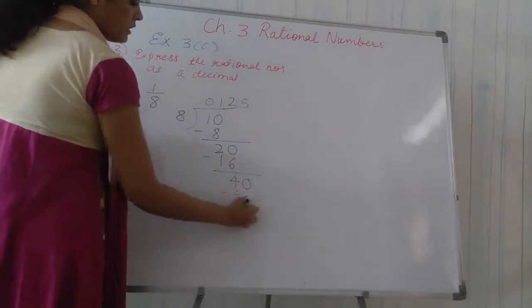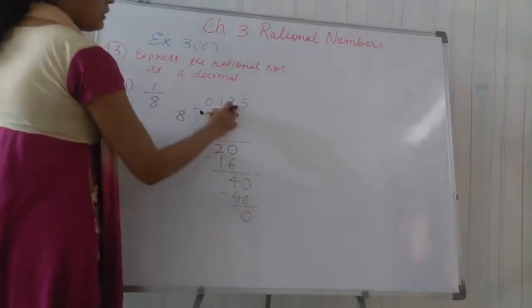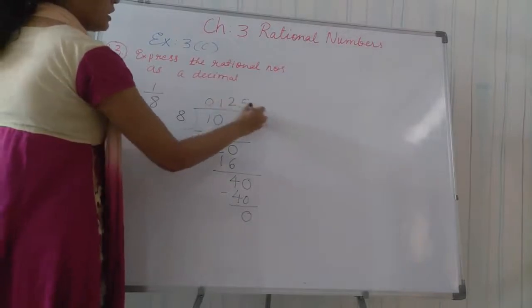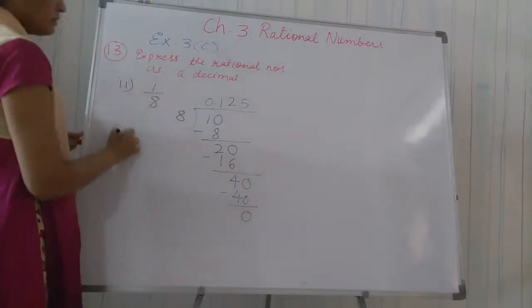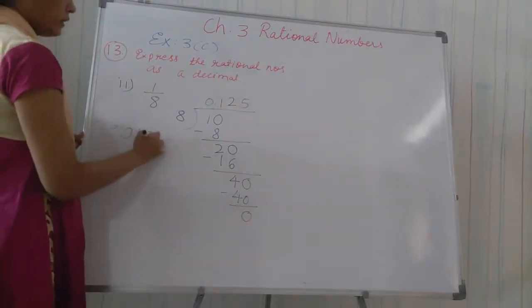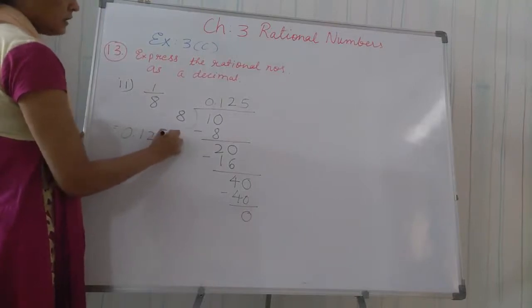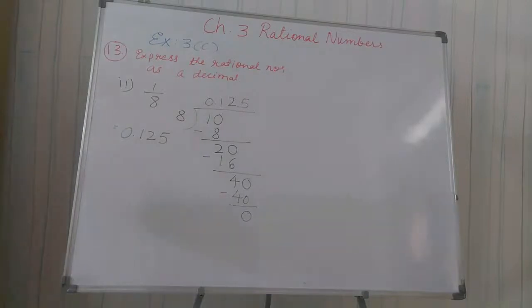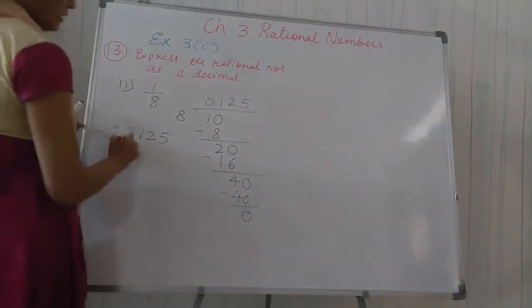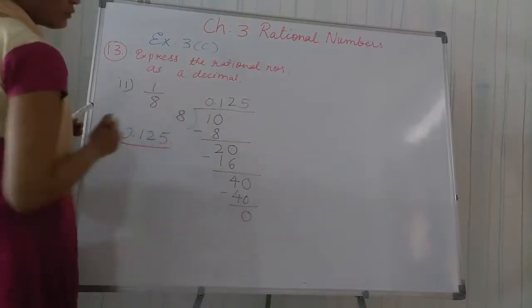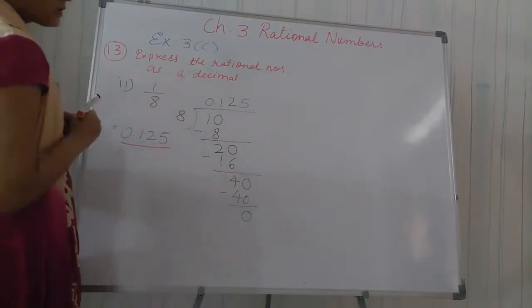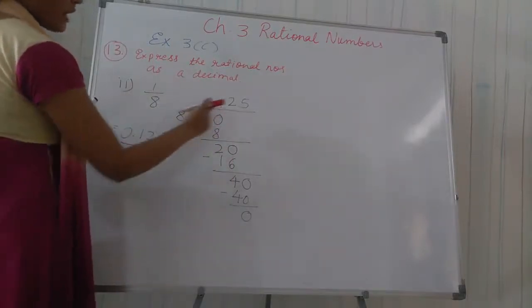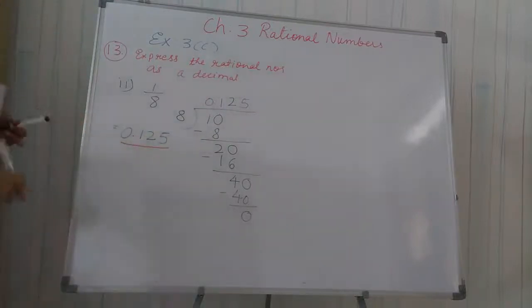So like this way we get our decimal representation as 0.125. So this is the answer of 1 by 8 as decimal representation, students. So the method you understand, only division you have to take. But whenever it is not possible to divide, what you have to do? This way you have to solve.